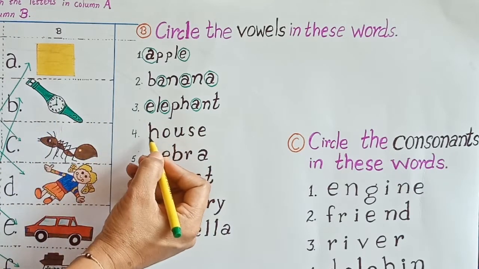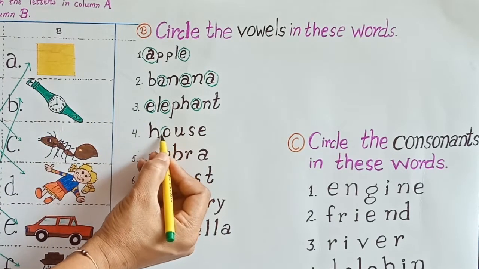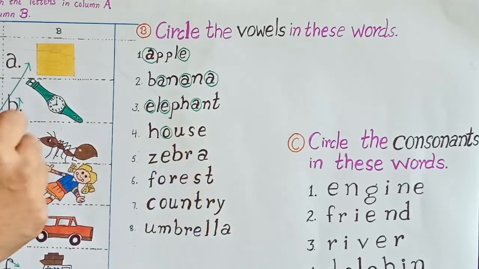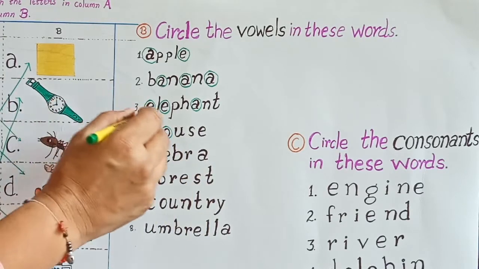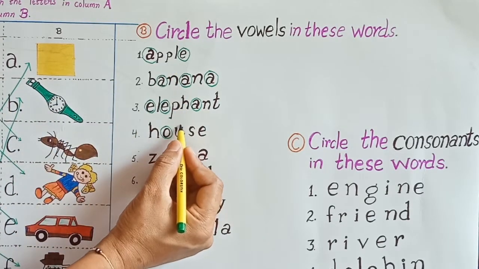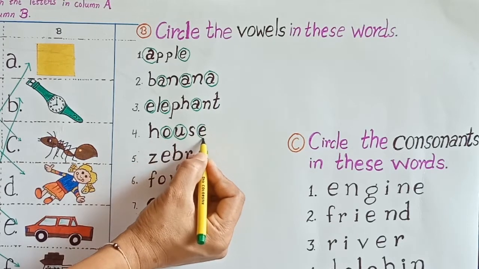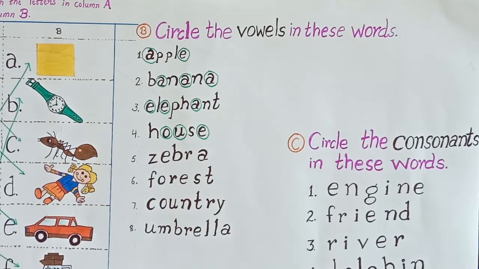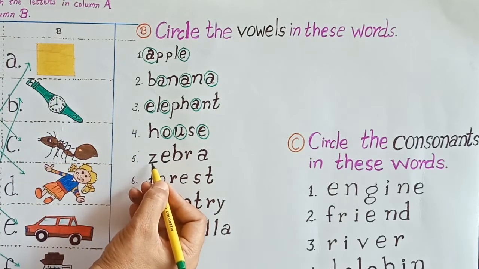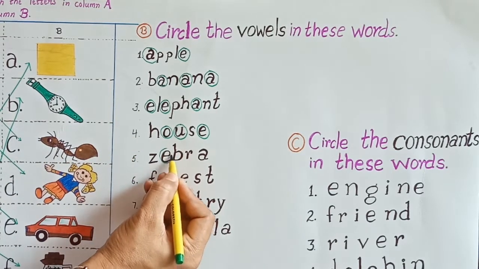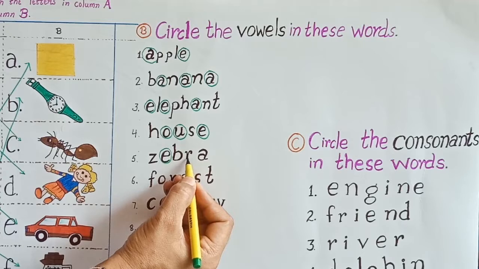Number 4. H is consonant. O is a vowel. A, E, I, O, U. After O, U is also a vowel. S consonant. E is vowel. Now number 5. Z consonant. E is vowel. B consonant. R consonant.